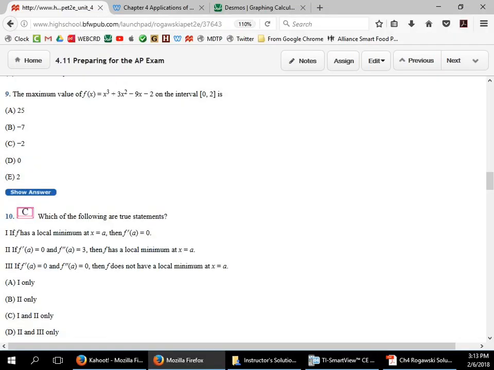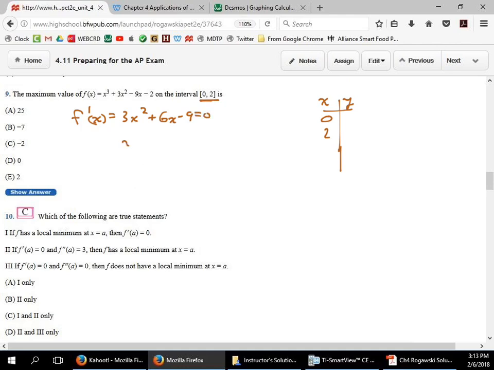Okay, let's find the maximum value for this function. Now this time they give us an interval. I'm going to start right off the bat reminding us that we need to test our endpoints. The other points we need to test are the critical values. Critical values is where f prime equals 0. So if we solve for f prime, we get 3x squared plus 6x minus 9. Let's set this equal to 0 and then factor out a 3.